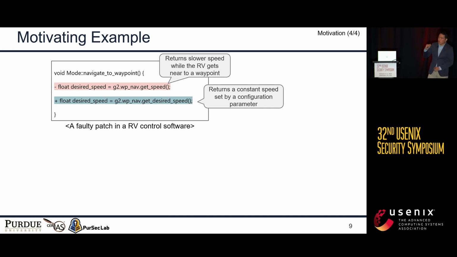Developers remove a code line in red color and add a new code line in blue color. The removed code line in red color returns a ground speed that dynamically adjusts according to the vehicle's current location. On the other hand, the newly added code line in blue color always returns a constant ground speed regardless of the vehicle's current location.